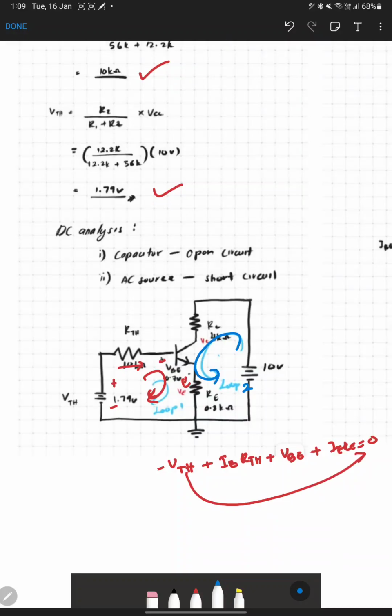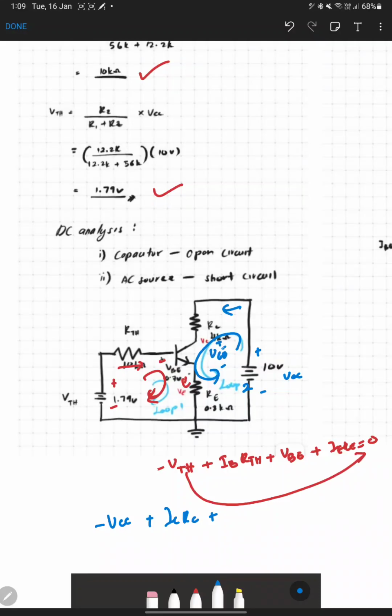From this loop, we meet VCC first with a minus sign, so minus VCC, plus IC RC. Second we see VCE here.